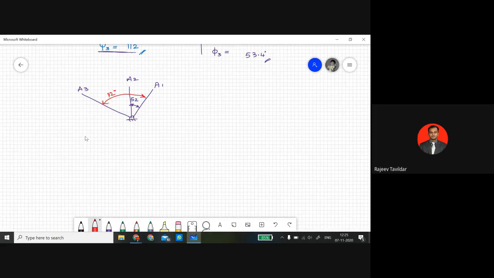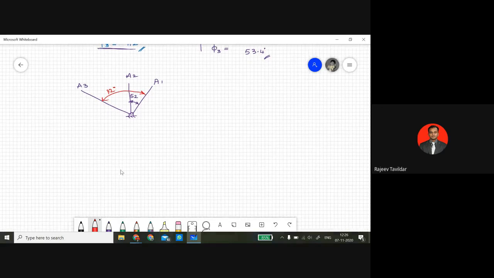But to use Freudenstein's equation, I would want to measure the angles in another way. Let me show you here. Once again, say this is A1, A2, and say this is A3. What I want are these angles.